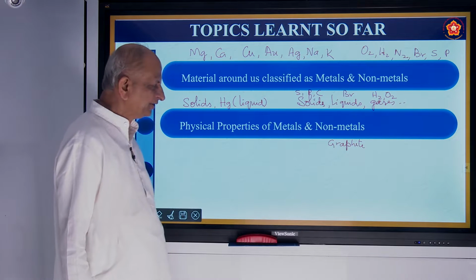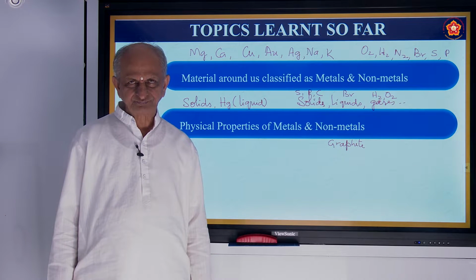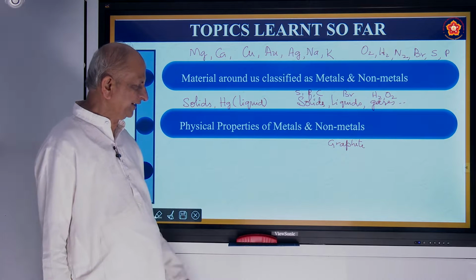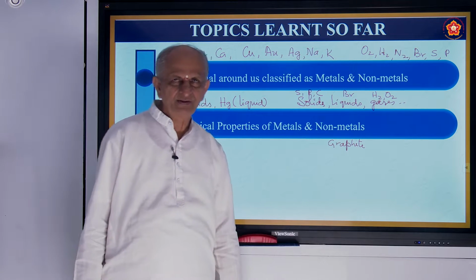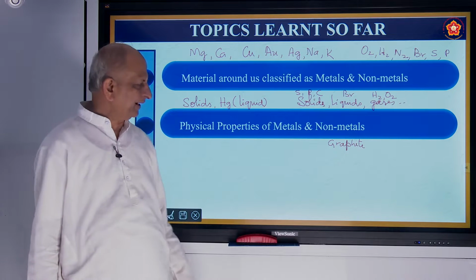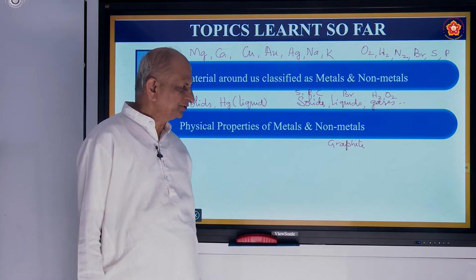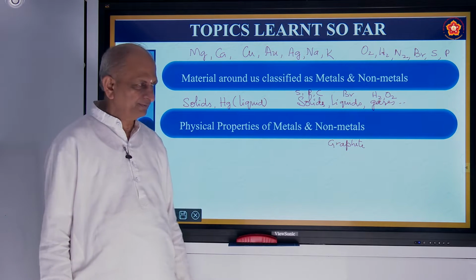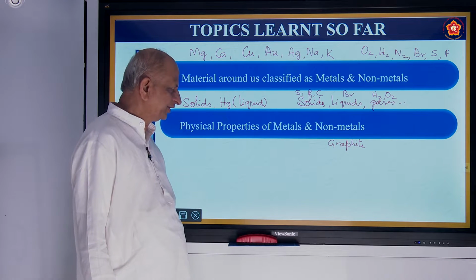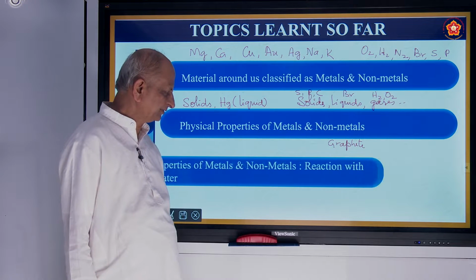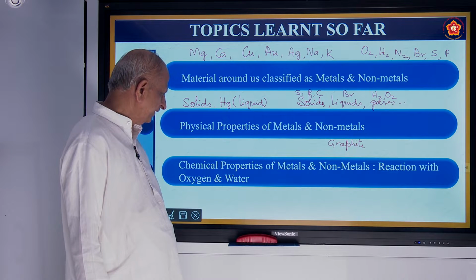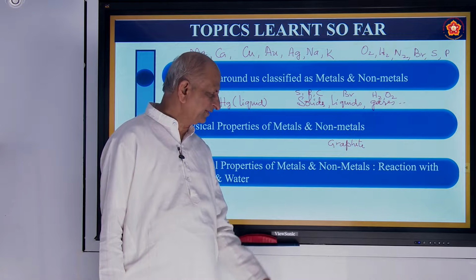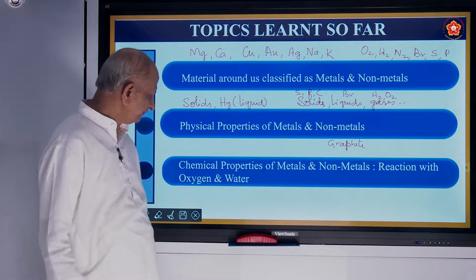Metals are good conductors of heat and electricity, but non-metals are not good conductors of heat and electricity except graphite. Okay, metals have a property of being sonorous in nature, that gives a sound, and non-metals are not sonorous. They break when they are beaten. Also, we have discussed the chemical properties of metals and non-metals, reacting with oxygen.